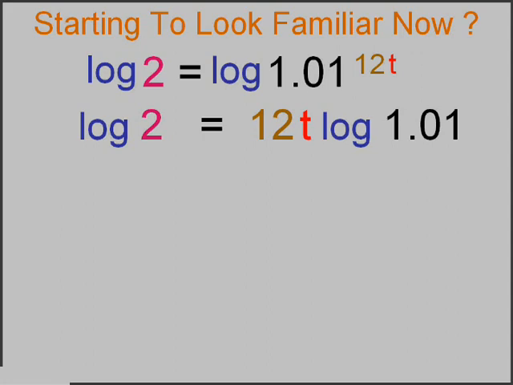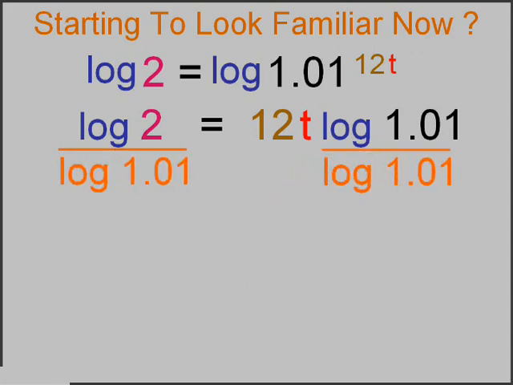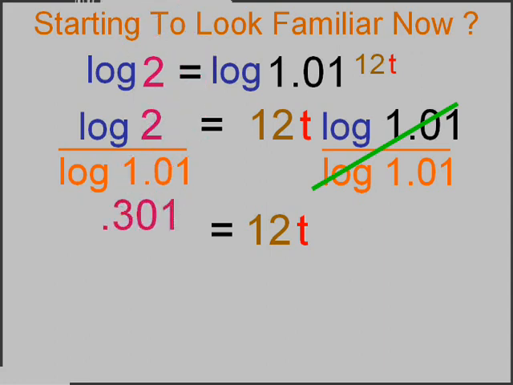Okay? Now, who's keeping t from being alone? Well, the 12, who's multiplying, and the log of 1.01, who's also multiplying. So what I could do is divide by them. And I'll get, I can put that into my calculator, the log of 2 divided by the log of 1.01.